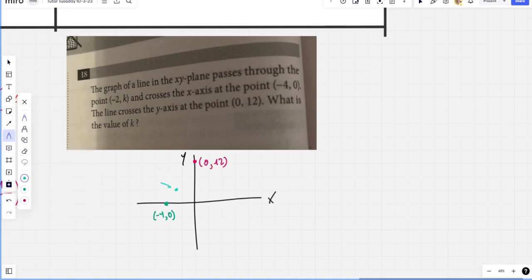Somewhere right here is -2, k. Since it's a line, it's going to have a constant slope. That slope is going to be exactly y2 minus y1 over x2 minus x1. That's going to be equal to 12 over 4.